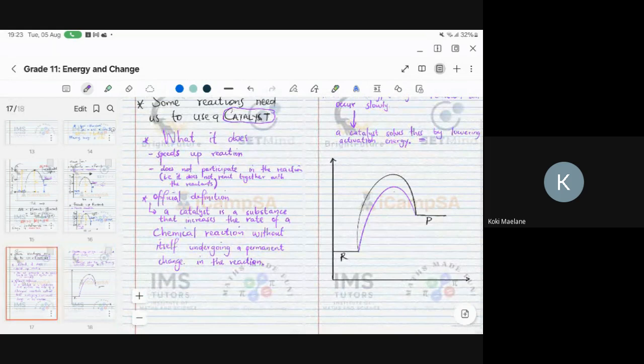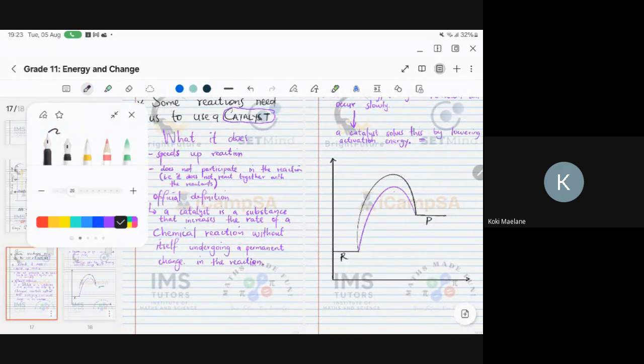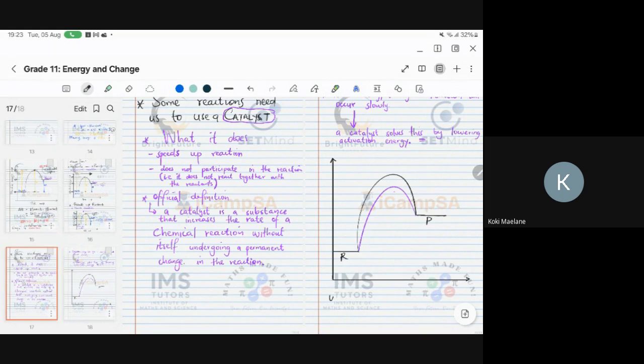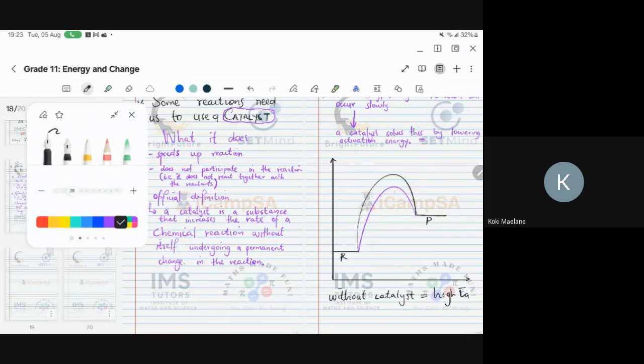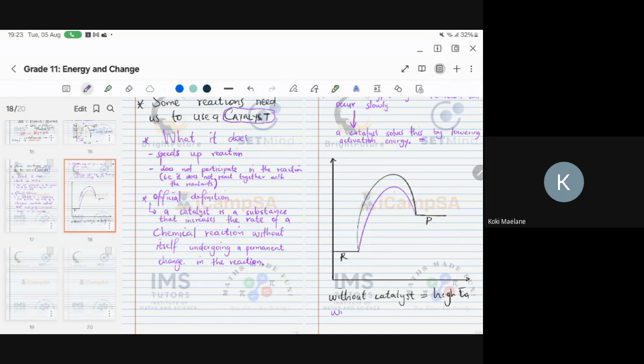So without catalyst, high EA. And then with catalyst, lower.